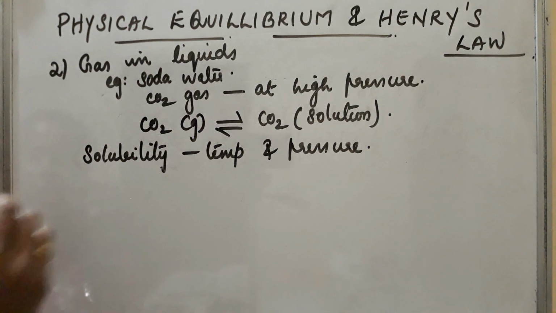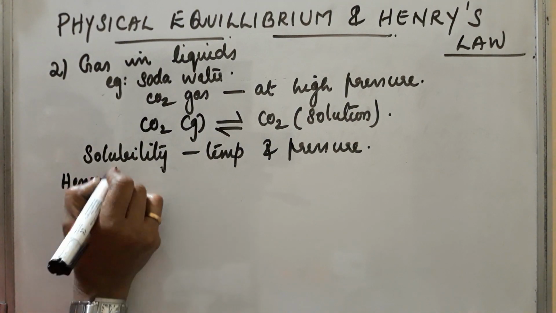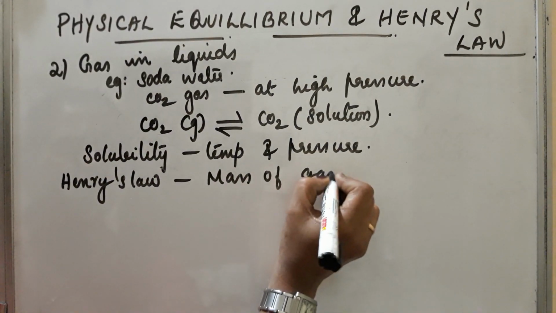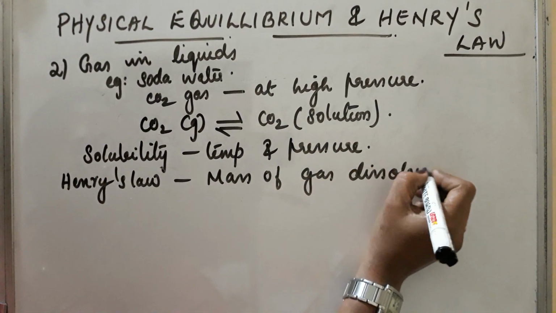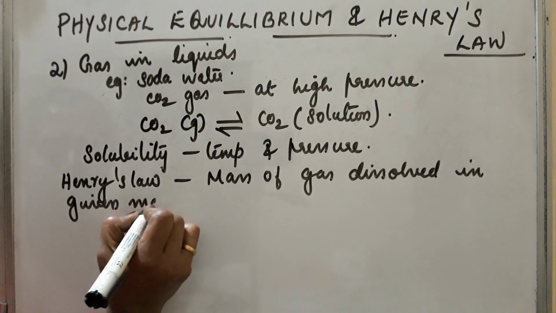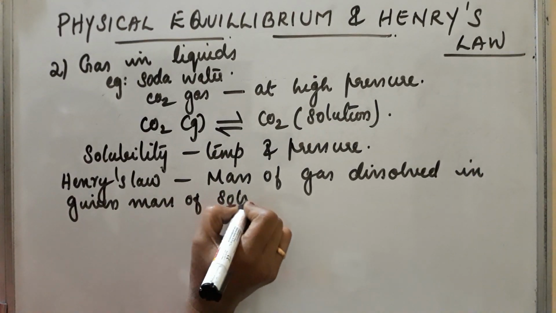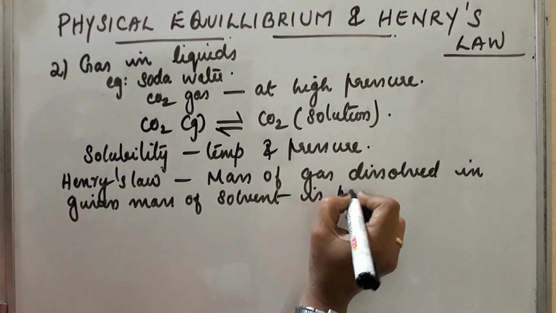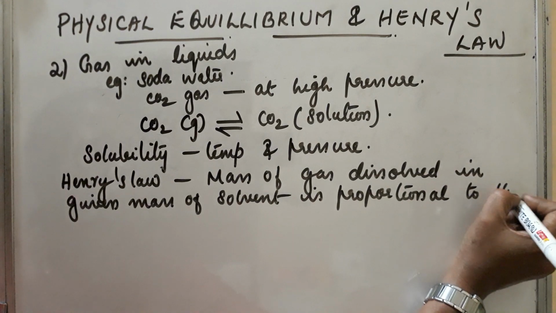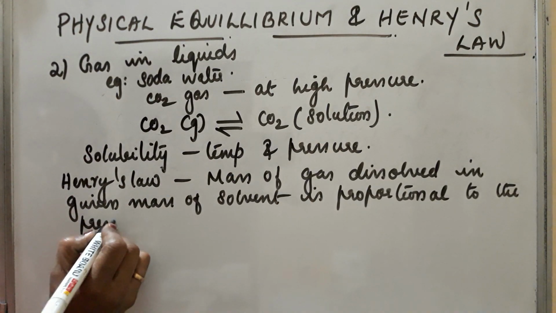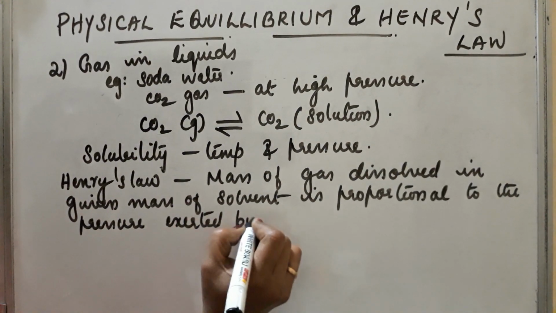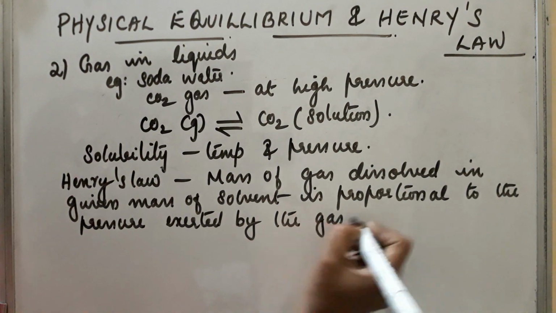Now, next is Henry's law. What is Henry's law? The mass of gas dissolved in a given mass of solvent is proportional to the pressure exerted by the gas at the liquid surface.